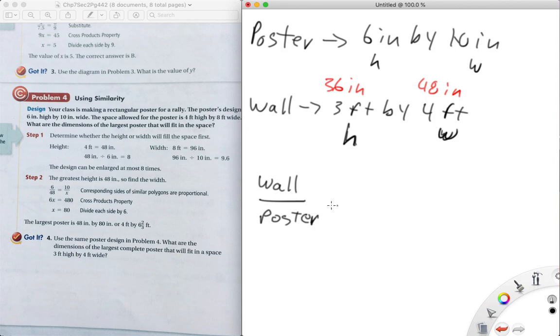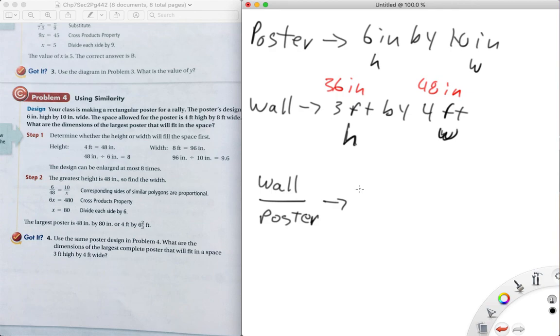And the way that we're going to set this up is that we're going to do this by the height of the wall and the height of the poster.